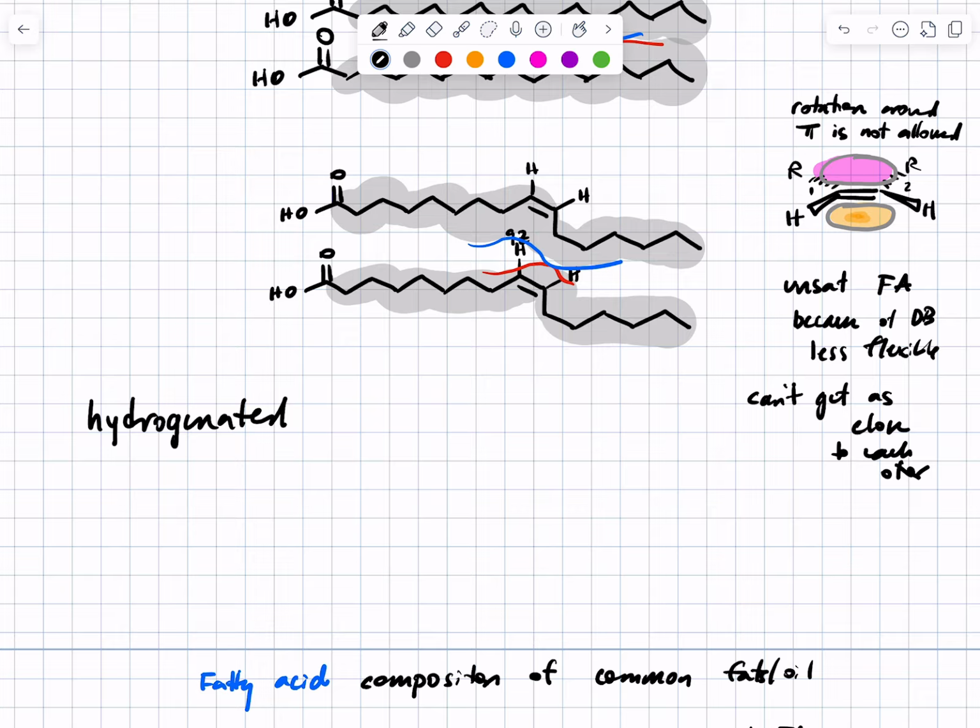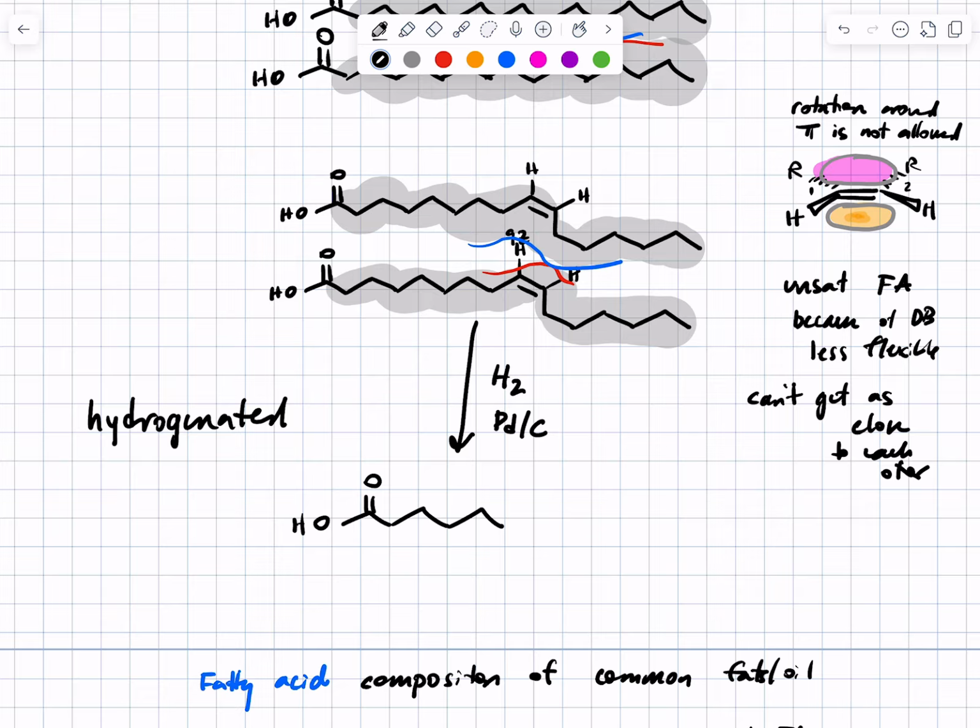The food industry knows that oil goes rancid, and so one of the things they would do to prevent that from happening was to do a chemical reaction on the triglycerides so that the double bonds would go away. You can take this molecule that has one double bond and expose it to hydrogen and a metal catalyst, and that will reduce the double bond to be an alkane.